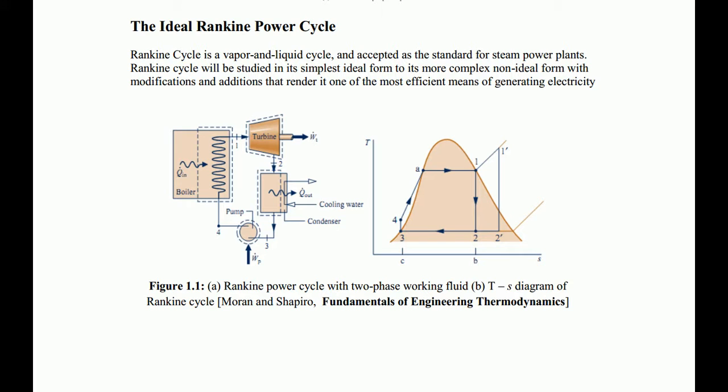You can see at point 1, from 4 to 1, this part takes the place of boiler, in which heat is added and water is converted into steam through the boiler.